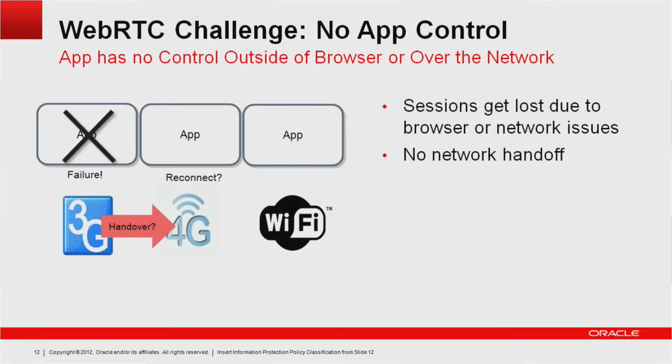The ones that we have focused on specifically is around application control. When the app's in the browser, it has no control of the network itself. What happens if I switch from 3G to 4G, or sorry, even 4G fall back to 3G? What happens if I switch from my 3G to Wi-Fi? What happens if I accidentally hit the back button in my browser? Who is managing those sessions?